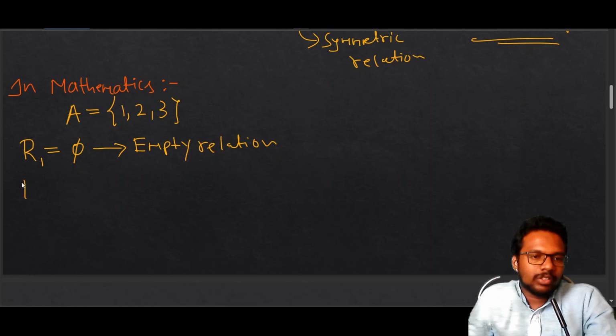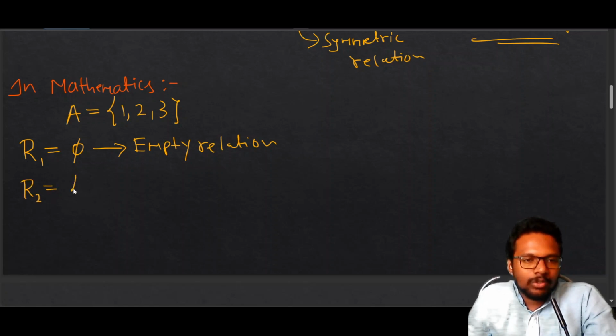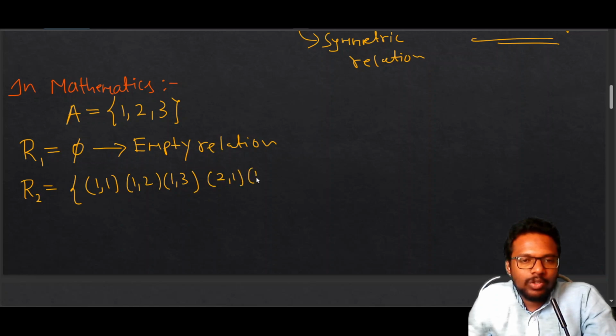Now I am considering R2. In R2 I am creating the relation (1,1), (1,2), (1,3), next (2,1), (2,2), (2,3), and (3,1), (3,2), (3,3).